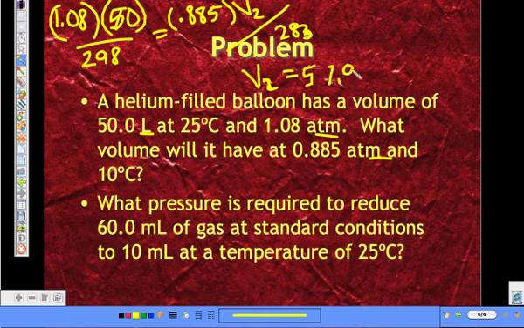57.9. And we'd be in liters. Anyone else get that? Yeah? Okay. Are you still cross multiplying? Okay.